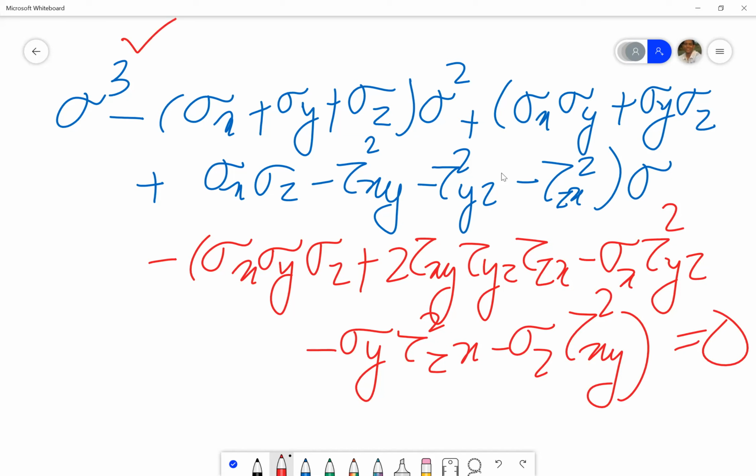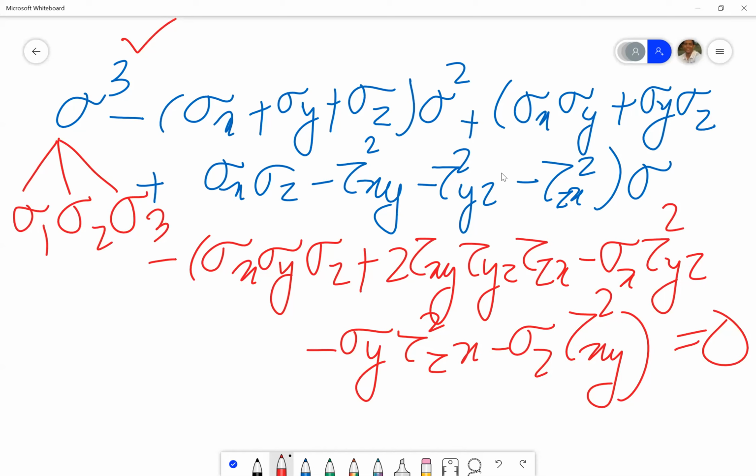If there is a quadratic equation, in mathematics it has two solutions, 1 and 2. If there is a cubic equation, then we have three solutions, that is sigma 1, sigma 2 and sigma 3. These are the principal stresses. From this equation, we can calculate the three principal stresses: sigma 1, sigma 2, and sigma 3.